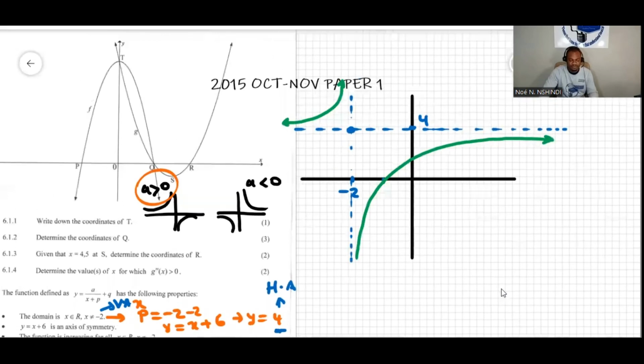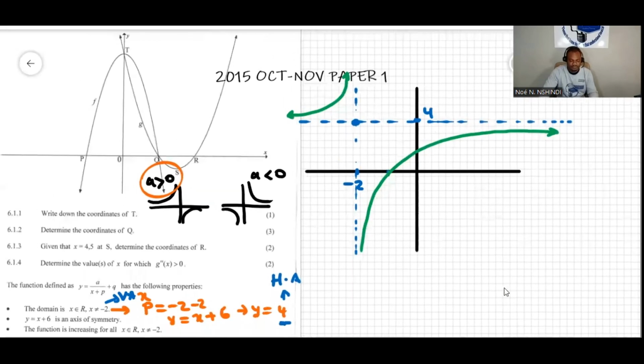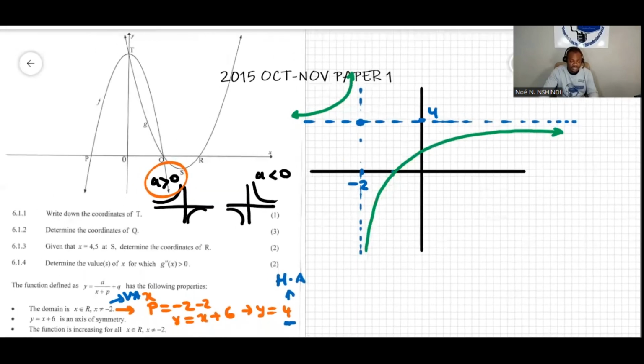I'll go over the properties again. The domain is x, except at the value x equal to -2. So over here, I understand that this is where we have our vertical asymptote. Then the property says that y equals x plus 6 is the axis of symmetry.